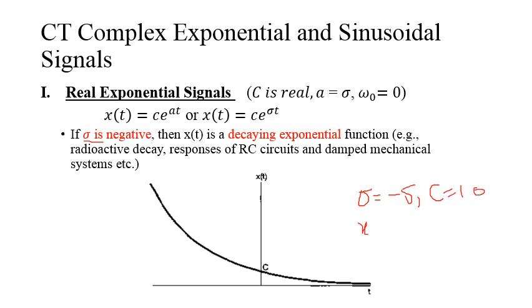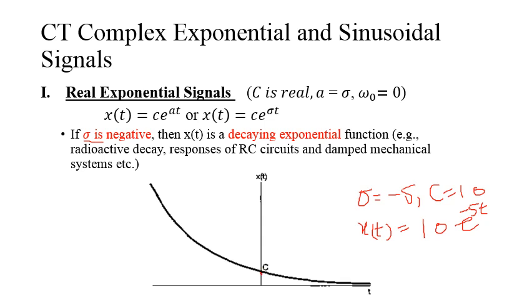Then x of t will be equal to 10 times e power minus 5t, right? So you understand, at t equals 0, it will have a value of 10.